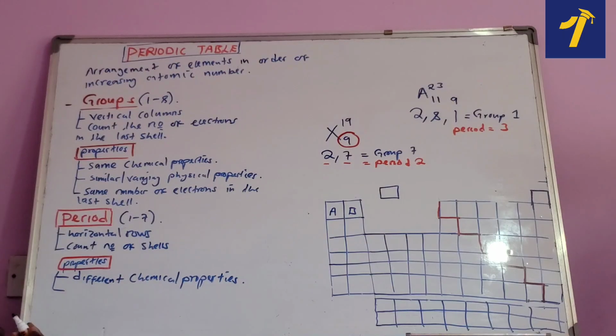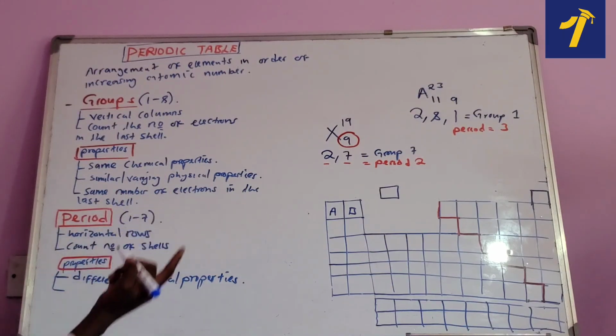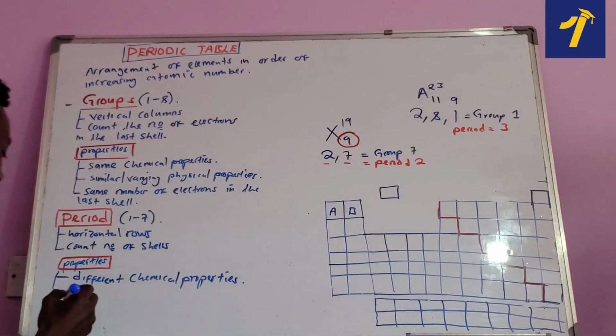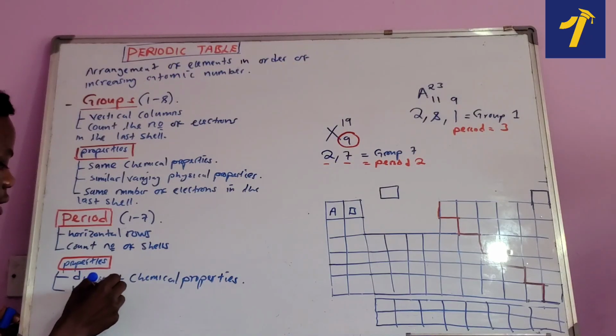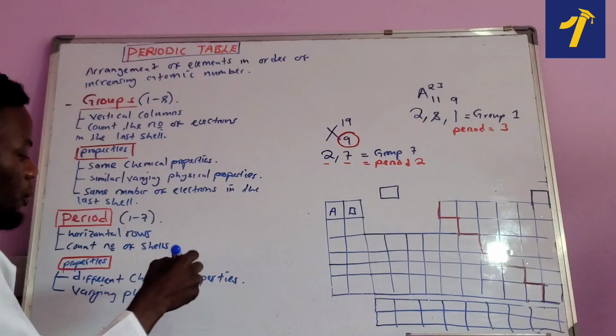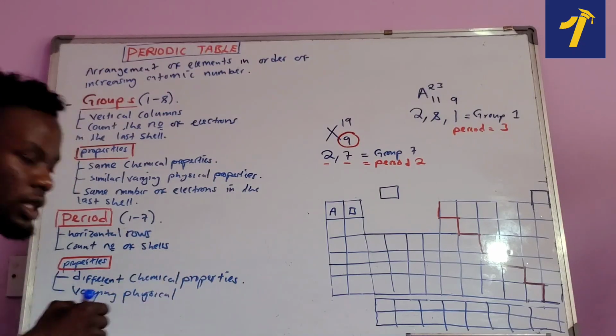What else? Then we go to this one. What about the physical properties? The physical properties always vary. These have different, varying physical properties. Remember what I said about that? We said physical properties are things that are measurable.